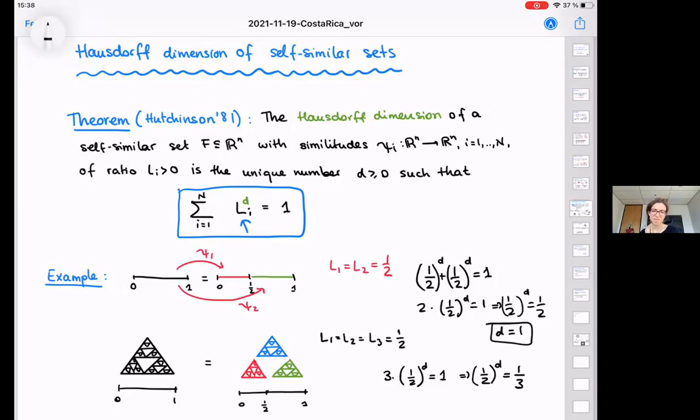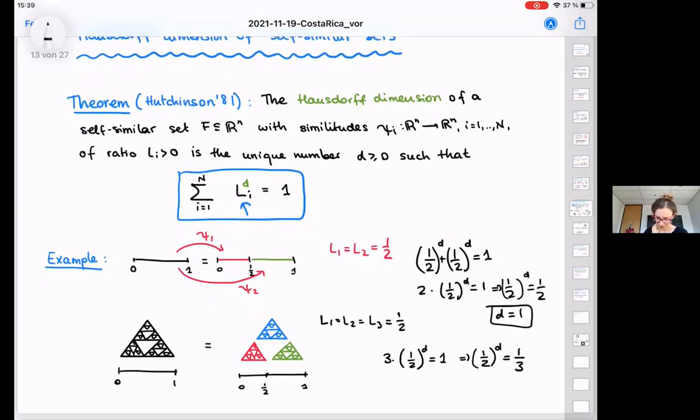And now what is d? Does someone know what is d? Log, log, yes. Log 1/3 divided by log 1/2. Yeah, half.